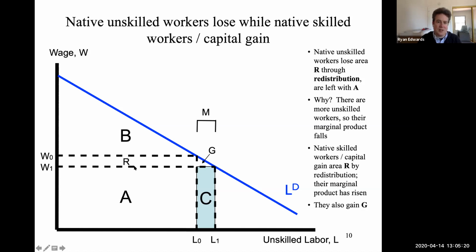They only get this rectangle A, they get C plus A if you count immigrants as being part of this group, and there are reasons to do it or maybe not. So G is a net gain, but the thing about triangles like this in graphs is that they are known to be small and called second order small usually, because they're just a triangle there. And we'll look at how big that triangle probably is for the United States.